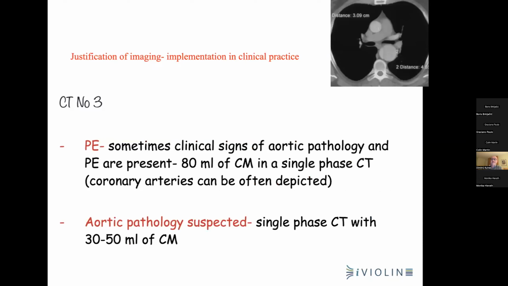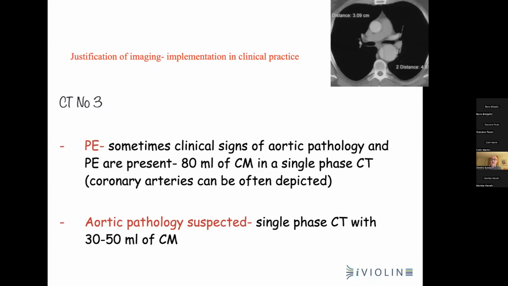In the third patient, sometimes clinical signs of aortic pathology and pulmonary embolism are present at the same time. So in a new scanner, we would apply 80 milliliters of contrast media. We would do a single phase CT, and perhaps we would also do ECG gating.